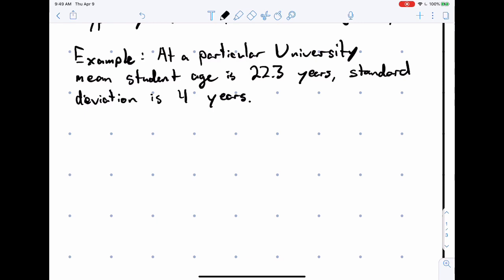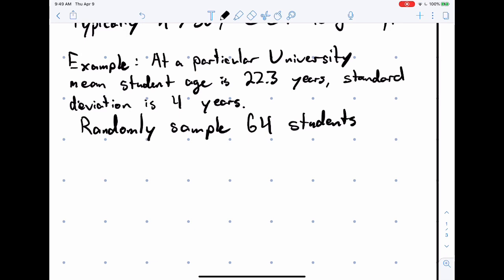Here's an example from your book. This is 4.71 on page 293. It says, at a particular university, the mean student age is 22.3 years, and the standard deviation is 4 years. You randomly sample 64 students from the entire student body population.